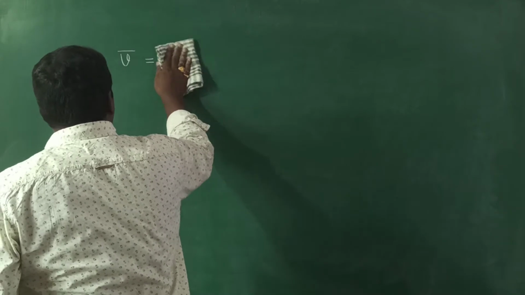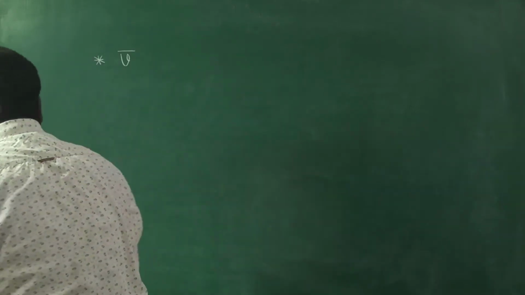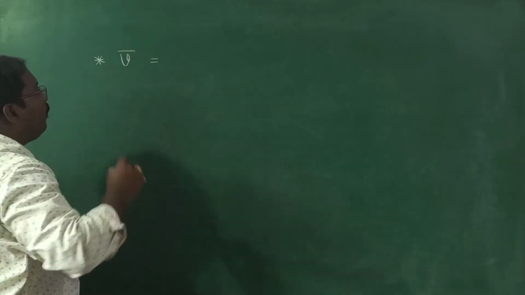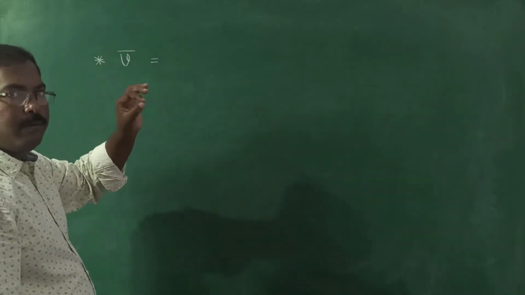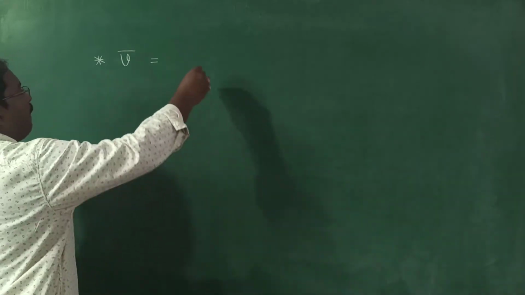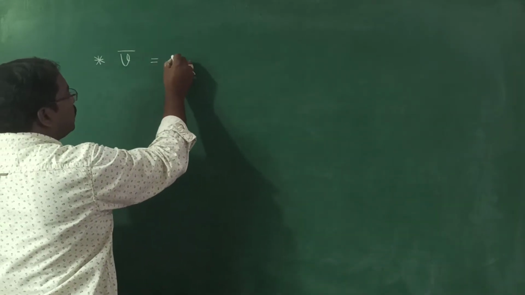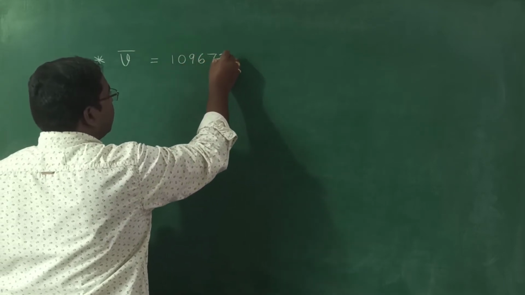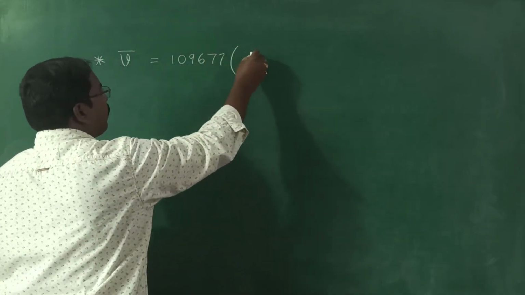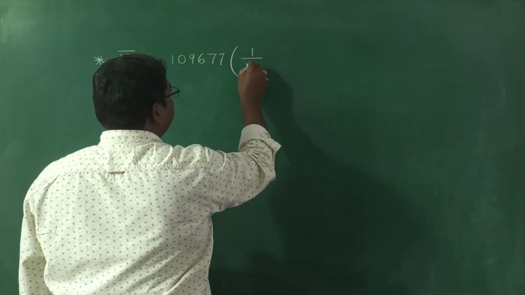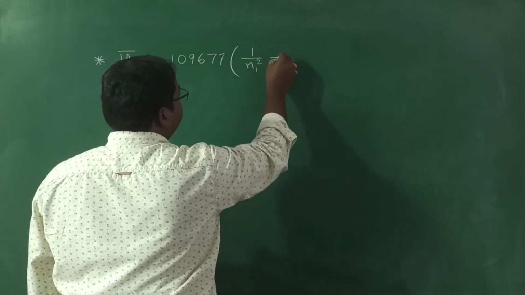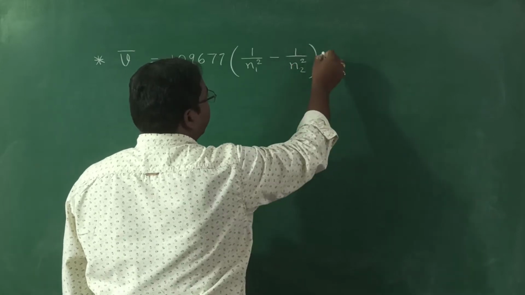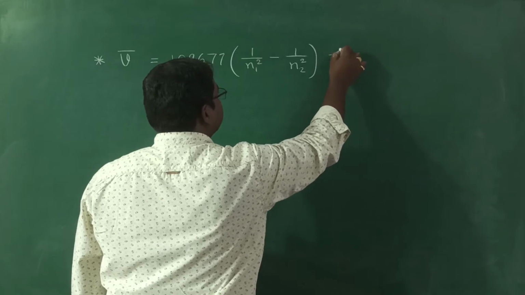first time while writing only write wave number formula. Okay, while copying you write clearly, nu bar means wave number. So the formula is, wave number is equals to 109677 into 1 by n1 square minus 1 by n2 square into z square.